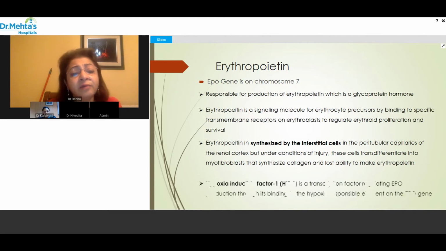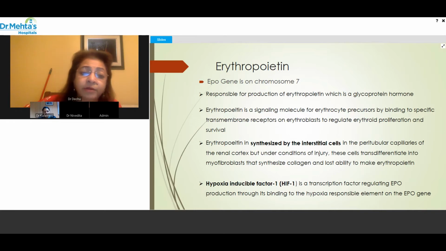And then one of the other things to also know, and I'll come back to this when I talk about emerging therapies, is that there is a hypoxia-inducible factor 1, which is a transcription factor that regulates erythropoietin production through its binding to the hypoxia-responsive element on the EPO gene. So this also is very important in anemia in CKD, and we will talk about it later.